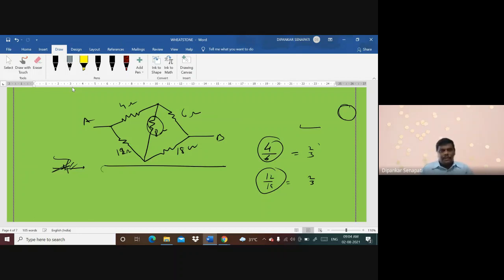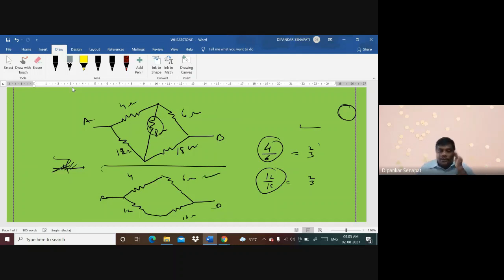We can consider the circuit as if the 8 ohm resistance is not present, and the circuit becomes like this. That can be simplified, and now we can solve for the equivalent resistance between A and B. Otherwise, we have to use Kirchhoff's law. If they are not in balanced condition, we cannot use this concept.